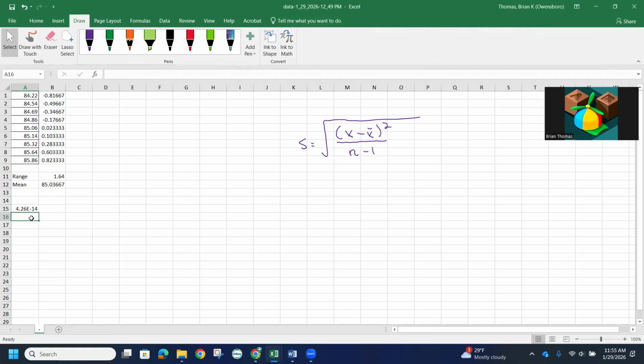That really means 0.00000, like 13 zeros and then a 4. So essentially, if I come back up here and get this thing to go away, let me see my stuff here. Let me pause for a second.